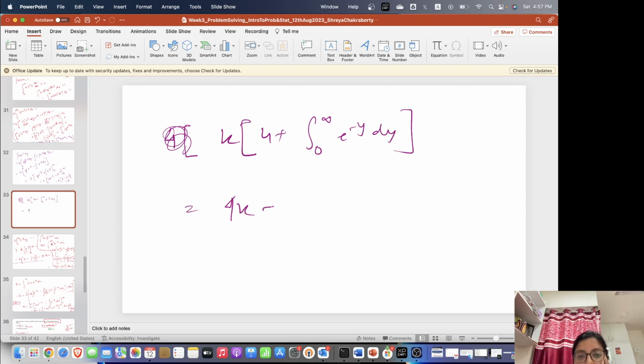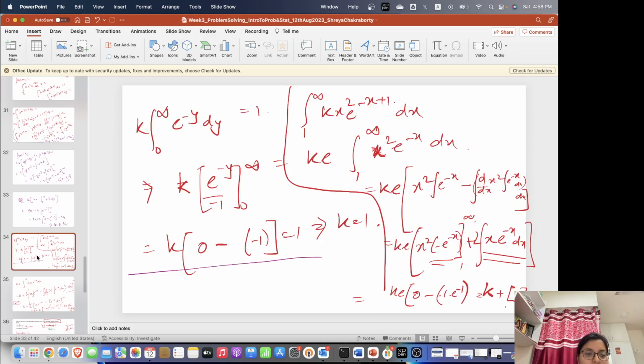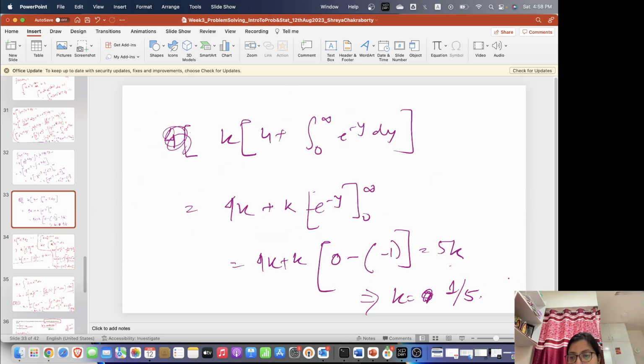So we'll have 4k plus k e to the power minus y, 0 to infinity. This is 4k plus k, 0 minus of minus 1. So we have 5k. So from here we have k equal to 1 by 5. K is not equal to 1, k is equal to 1 by 5.